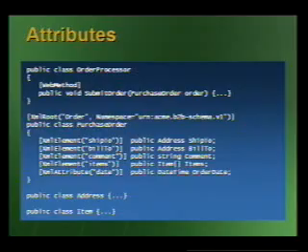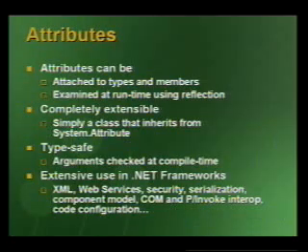So you can see how this is a truly extensible mechanism for hanging additional declarative information onto types and members, and then examining them dynamically at runtime. We have extensive use of attributes in the .NET framework. You saw an example here of how we use it to express XML mapping and web services.